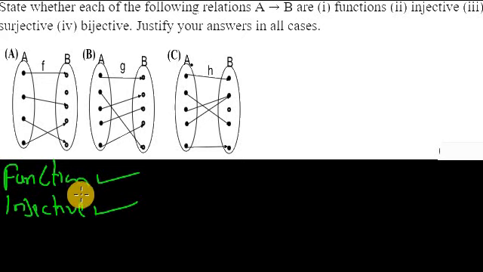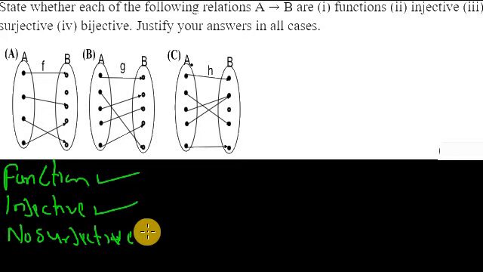Is it surjective? For it to be surjective, all the codomain must be used. So it is not surjective. And once it is not surjective, it won't be bijective.